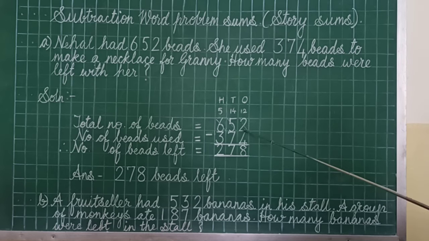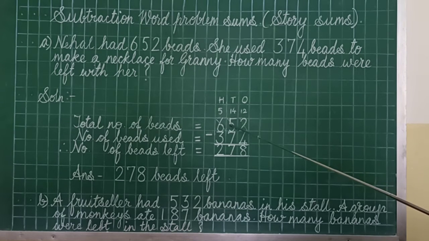So what should we do now? We have to borrow 1 ten from the tens place. So when we will borrow 1 ten from the tens place, this 2 will become 12. And in the tens place, 1 ten will be less. So here we have 5. So as 1 ten will be less, this 5 will become 4.